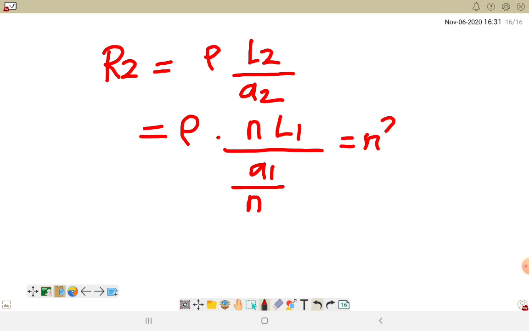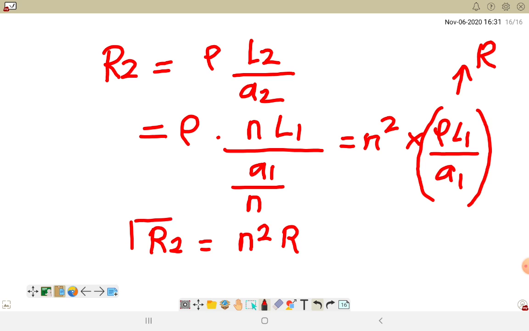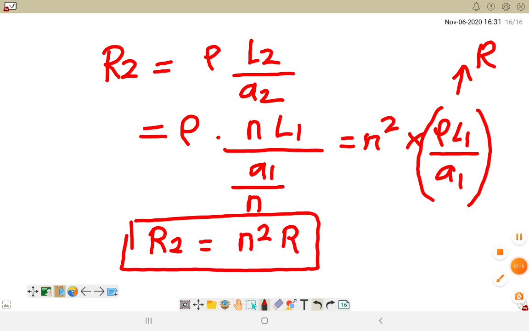Now I get n square into rho into L1 by A1. So what is rho into L1 by A1? That is the original resistance R. Now R2 equal to n square into R. So this is the answer for this problem.